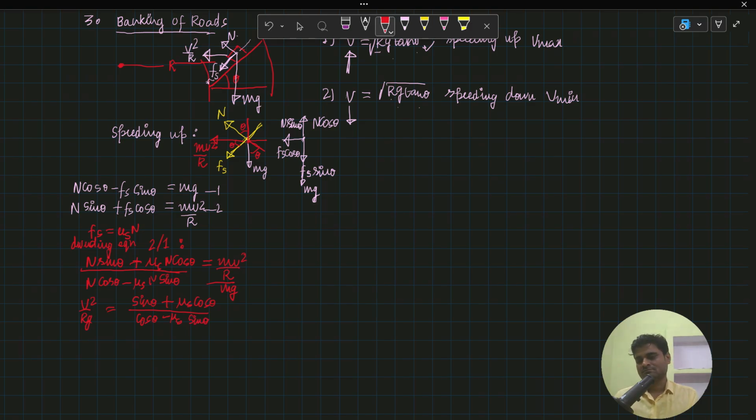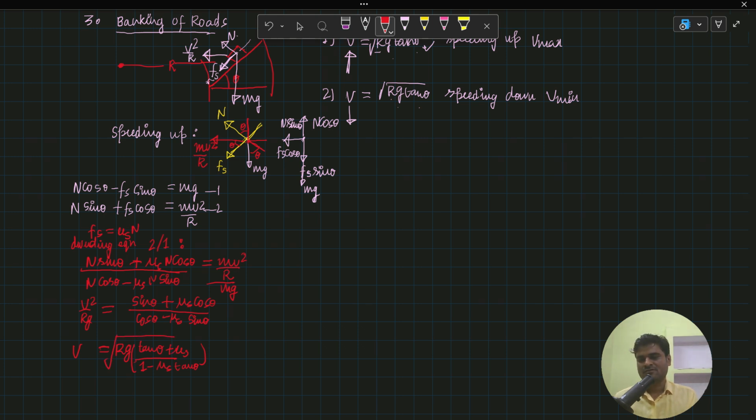So from this we can write that v should be root of rg, and we divide both equations by cos theta, numerator and denominator. So this will become rg, tan theta plus mu s divided by 1 minus mu s tan theta, and this will be under the root.